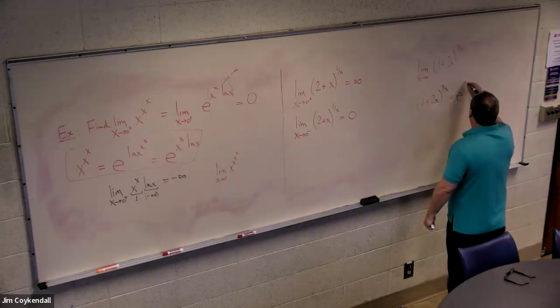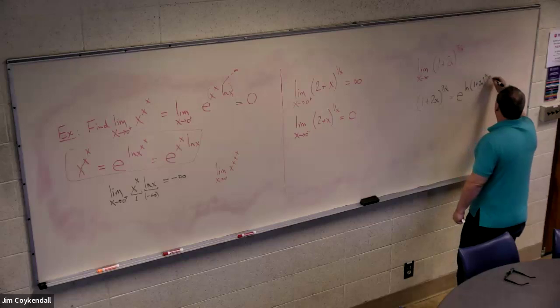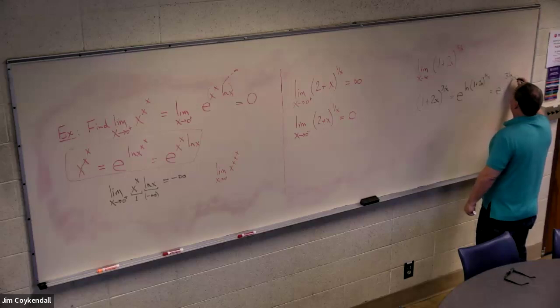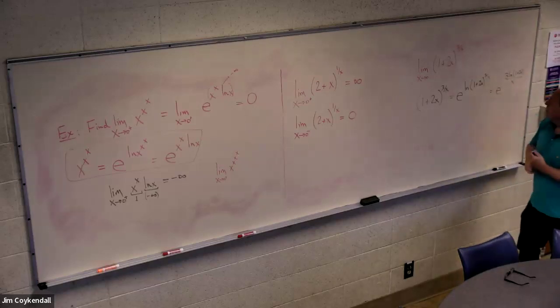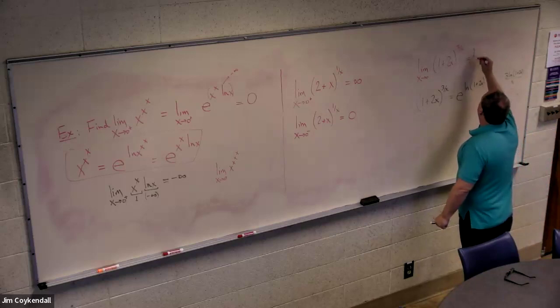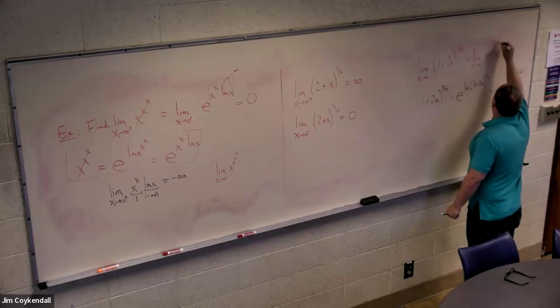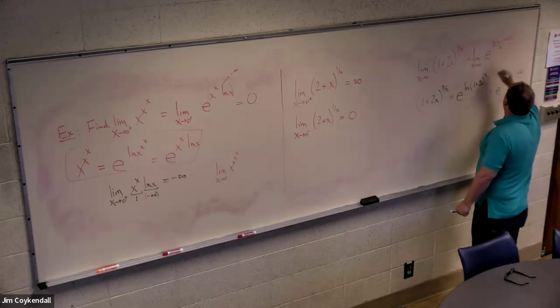This is e to the log of (1 plus 2x) to the 3 over x, which is e to the 3 log(1 plus 2x) over x. So this can be rewritten using our log rules as e to the 3 log(1 plus 2x) over x.